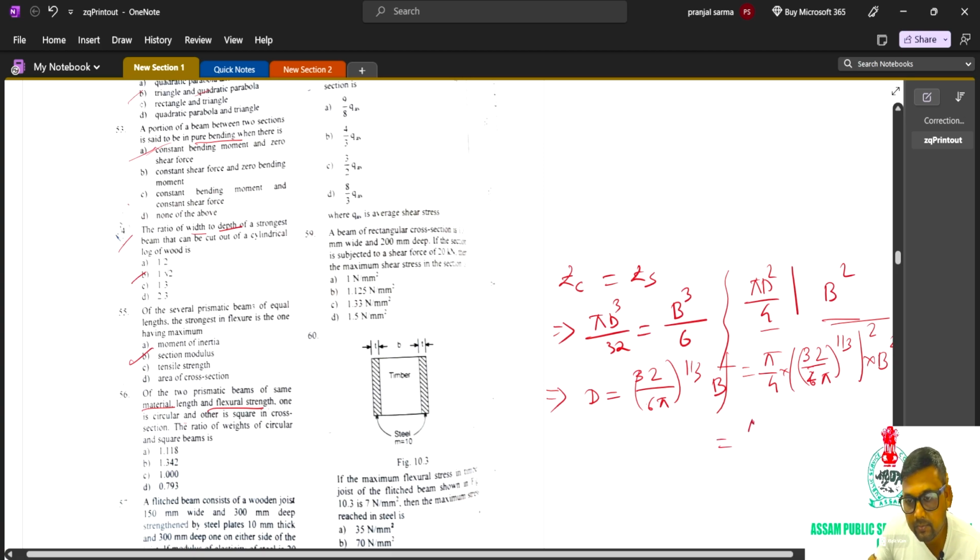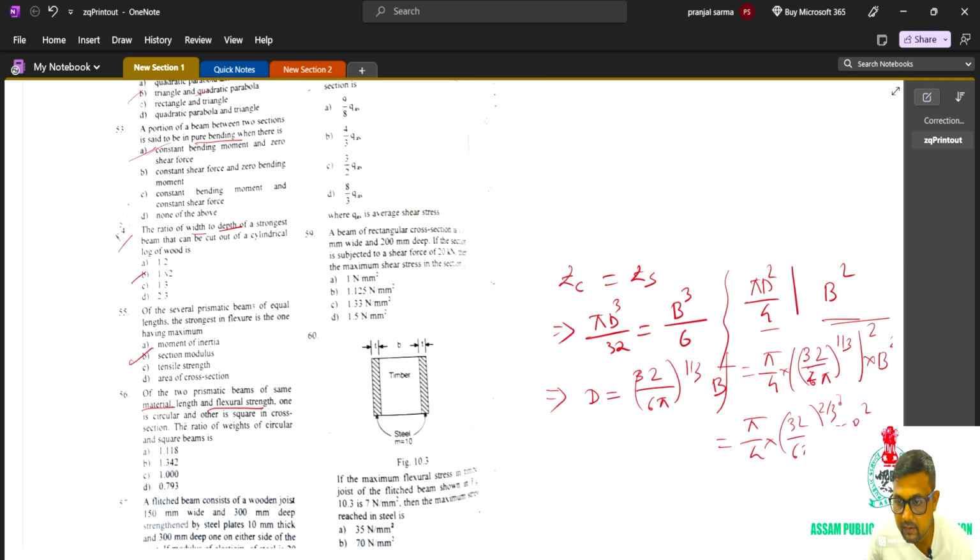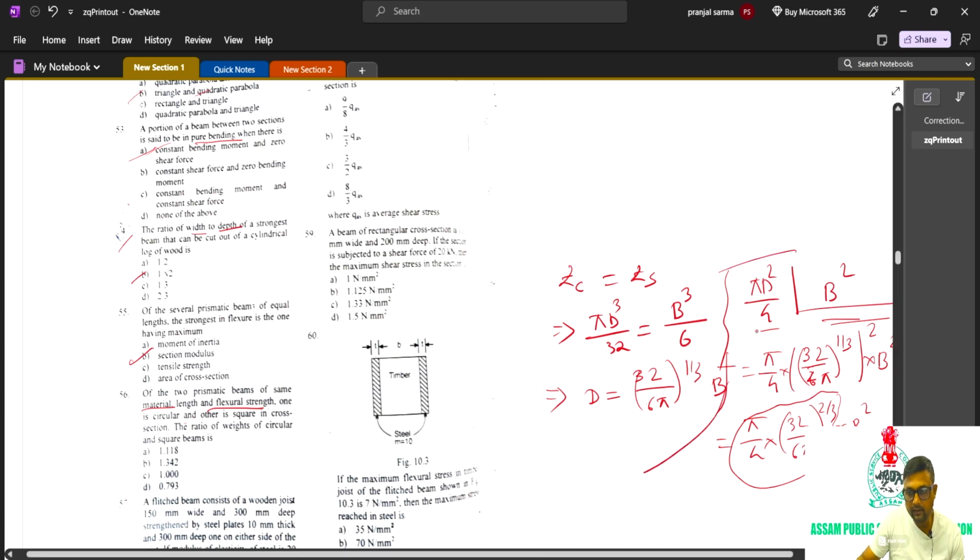So pi by 4 I am writing here, (32 by 6 pi) to the power 2 by 3 into b square. This is the area of the circle, right? Now you find this value.